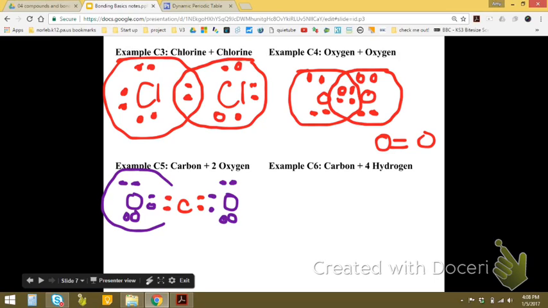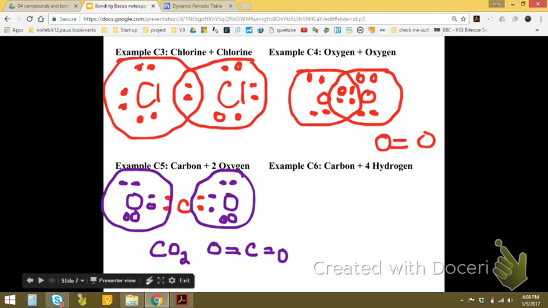And if we look here, oxygen has 8 when it shares with carbon, as long as there are 2. So this would be CO2. And if we're writing the molecular formula, there would be a double bond between each oxygen and the carbon.